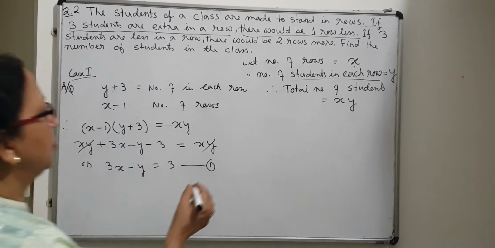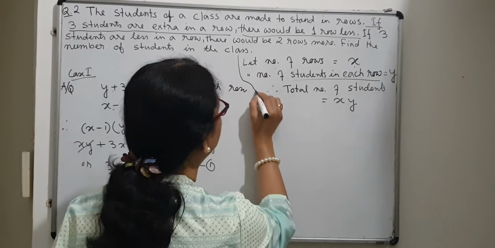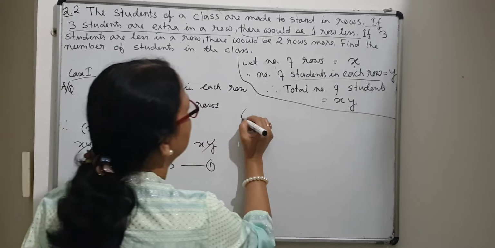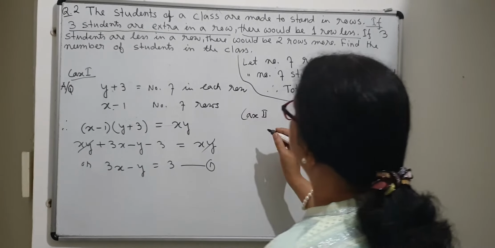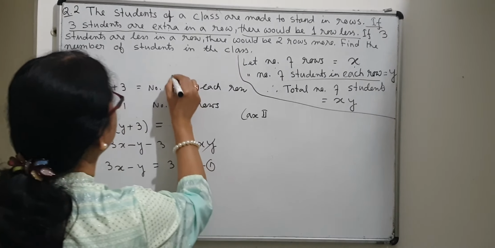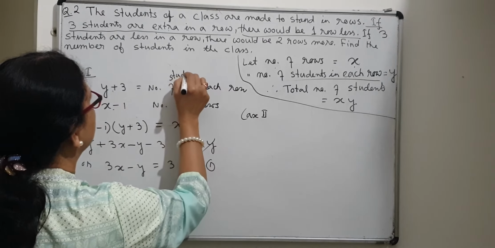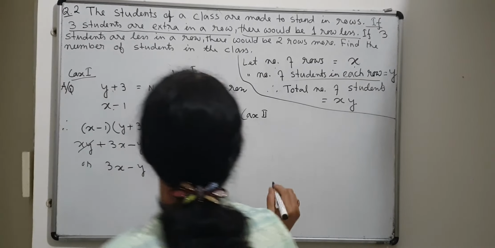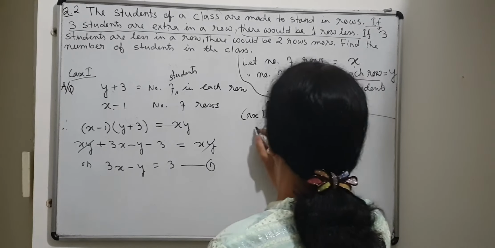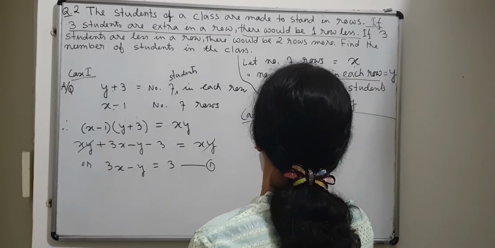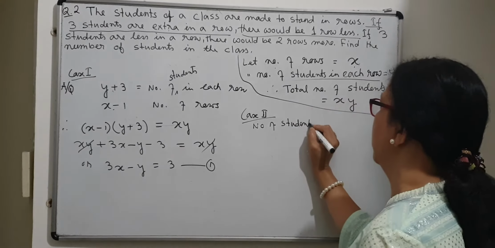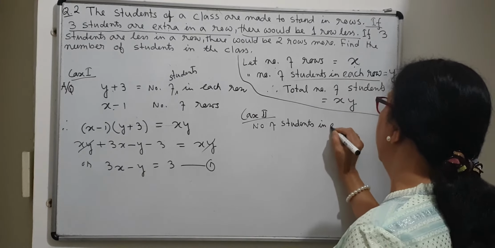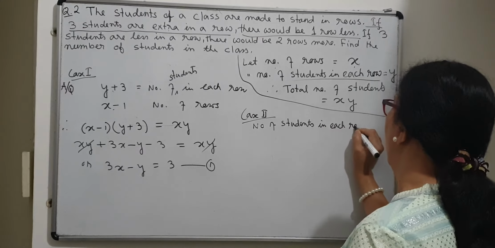Similarly from case 2, let me keep it here separately. So case 2, number of students in each row. How much?